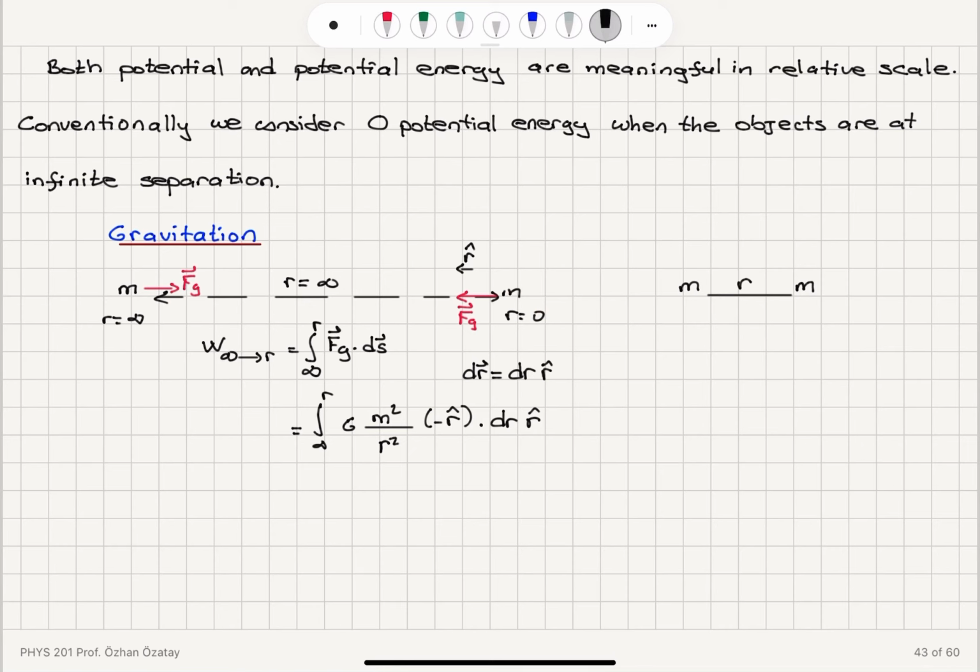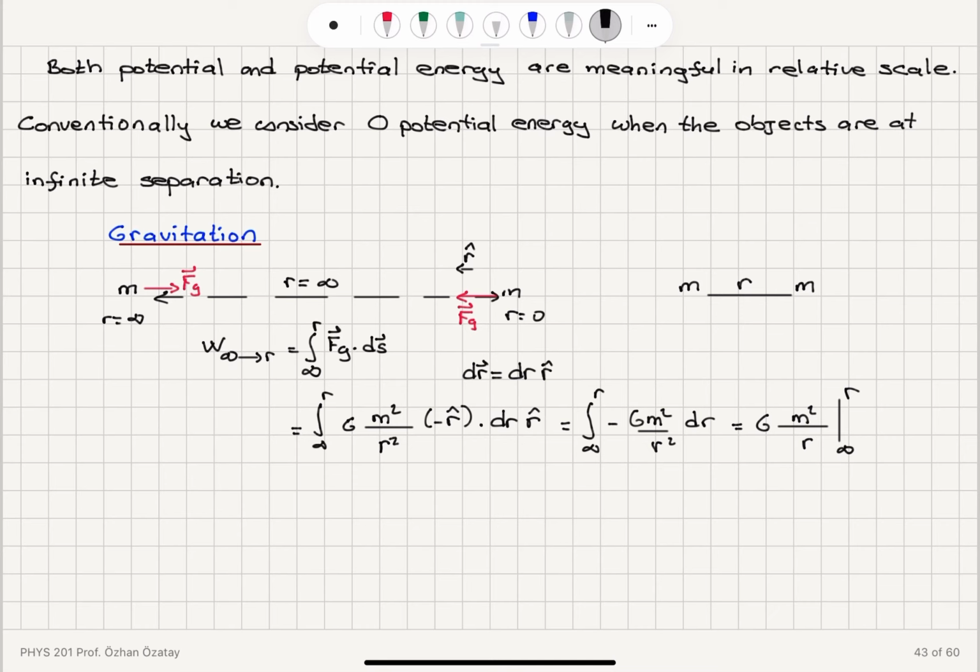So this is going to be the integral from infinity to r of minus G m square over r square dr, and that integral will give me G m square over r, with a minus sign, evaluated between infinity and r.